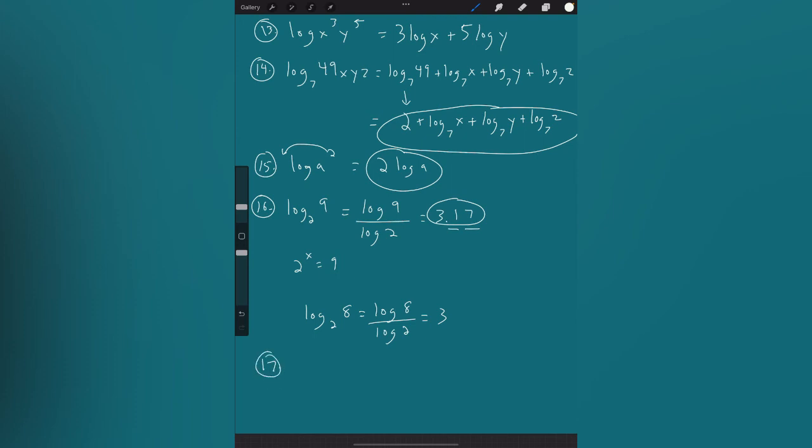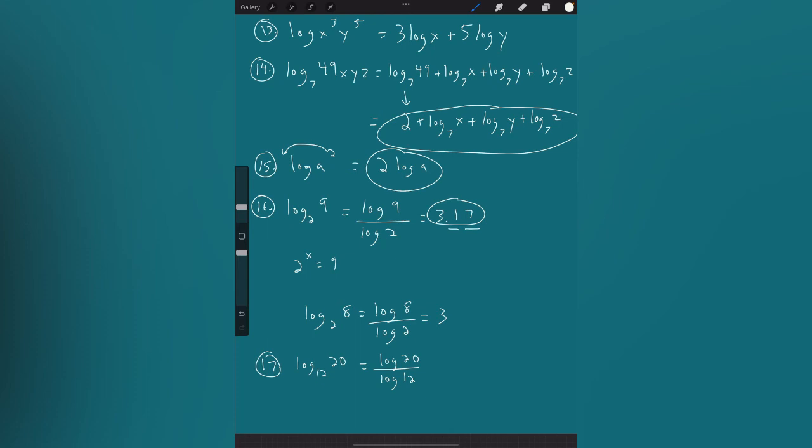Number 17, if I have log base 12 of 20, okay, I'll take log 20 and divide it by the log of 12. So I'll type in my calculator. The log button is near the bottom left of your calculator.